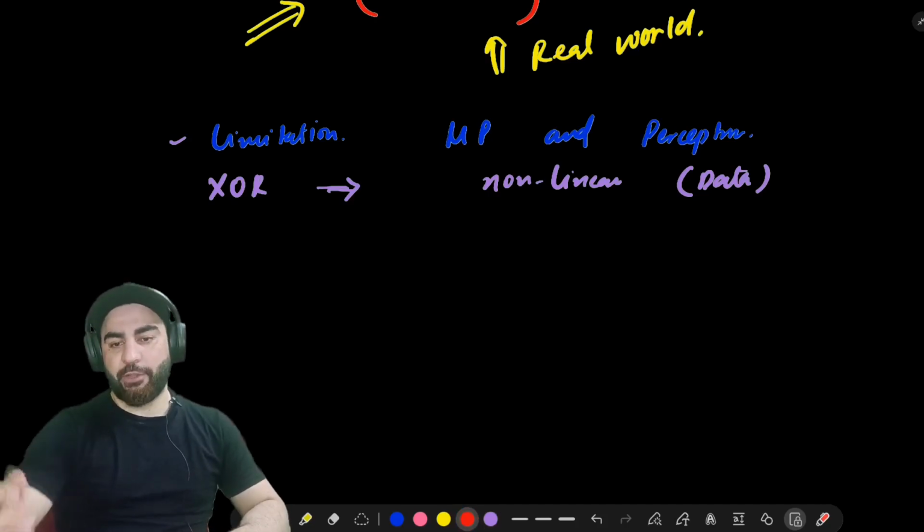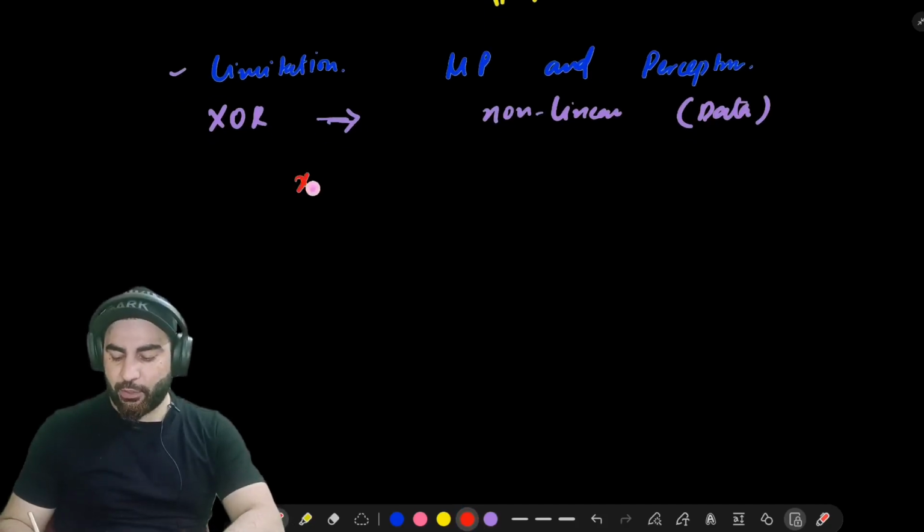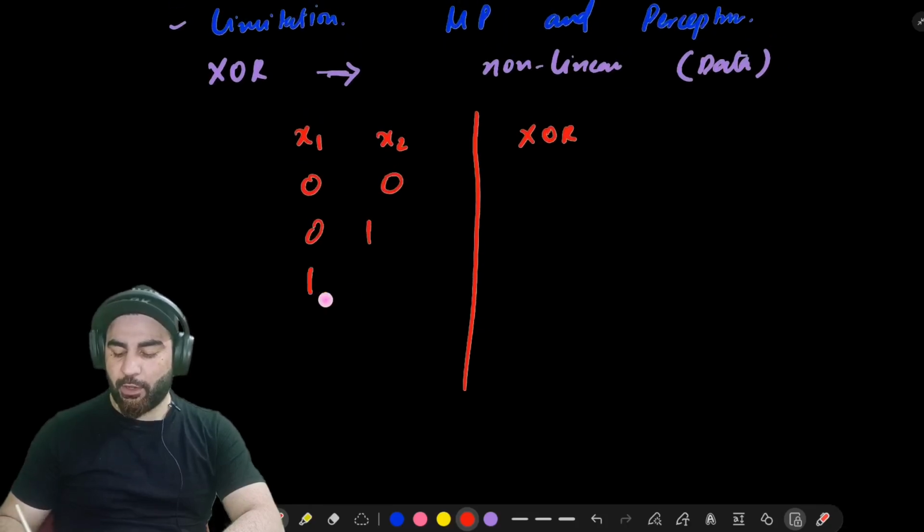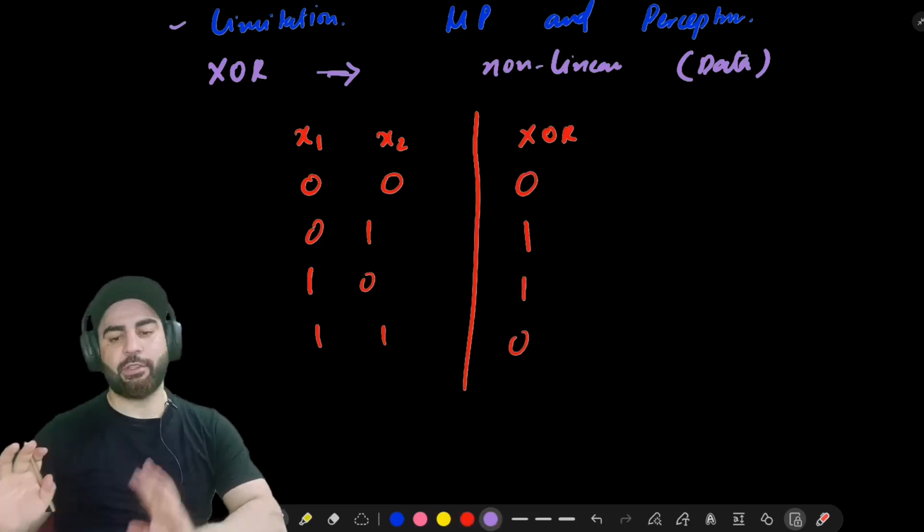So XOR has two inputs, X1 and X2, and then the output. The rows are 0,0; 0,1; 1,0; and 1,1. Okay, so this is the truth table.